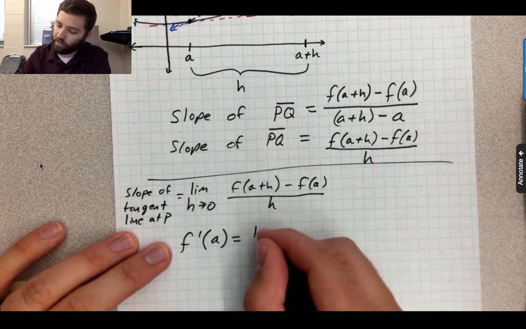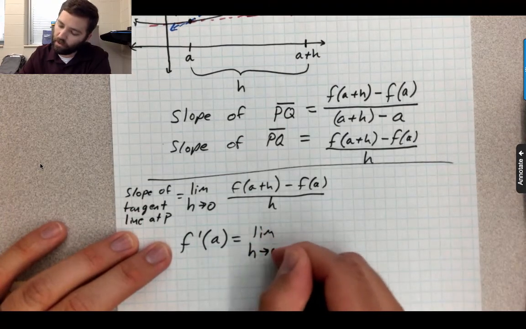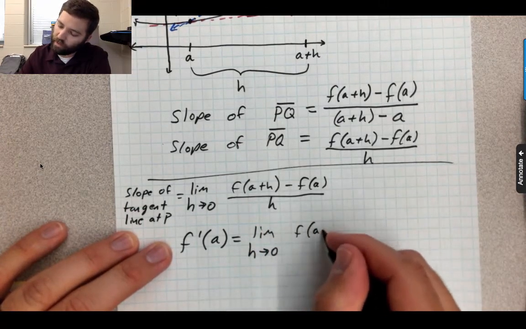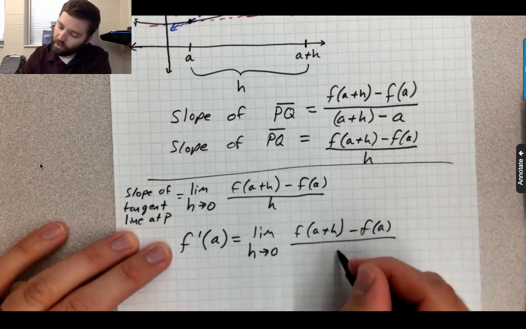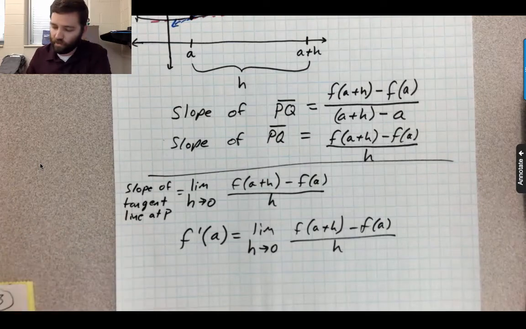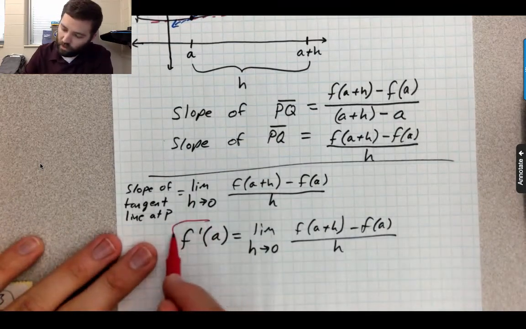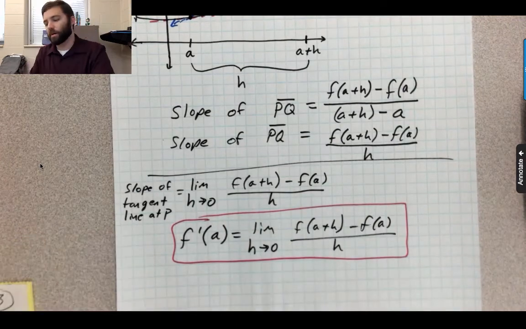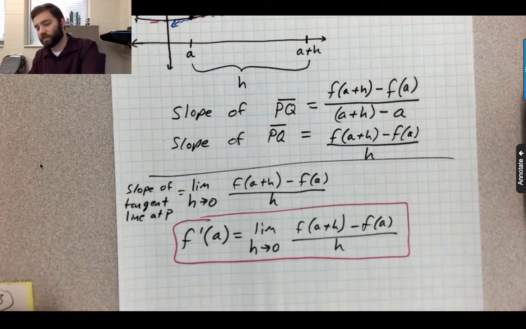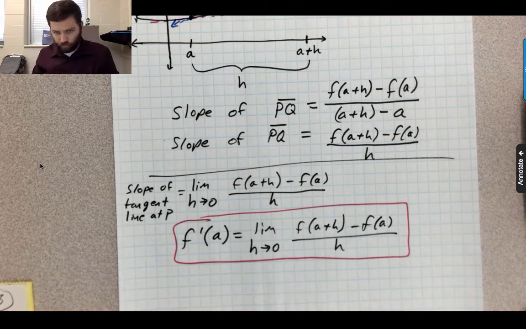Okay, so limit as h approaches 0 of f of a plus h minus f of a divided by h. And there you have one of the most important expressions in calculus, the definition of a derivative, of slope of the tangent line at a point.